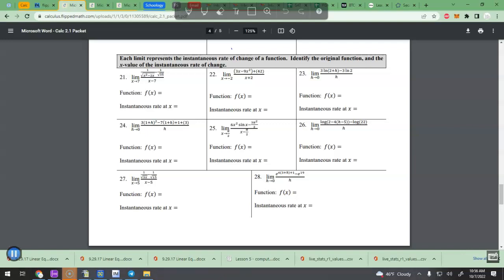So for 23, what does he say? 3 ln of x, and x is evaluated. 23 on the practice, what does he say?